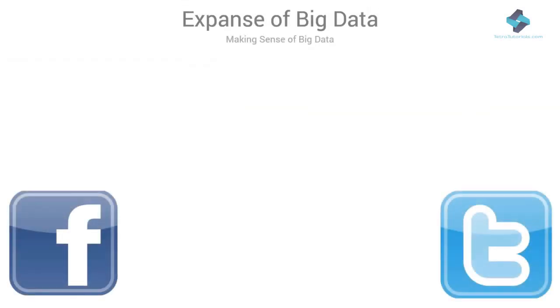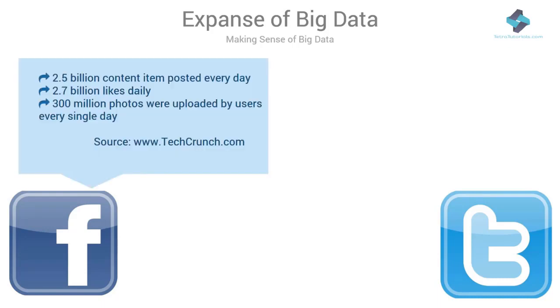Let's examine what kind of data growth trends we are experiencing by looking at some numbers from 2012 from the popular social media site Facebook. In 2012, Facebook was reported to have 2.5 billion content items posted every day, 2.7 billion likes daily, and 300 million photos uploaded by users every single day.